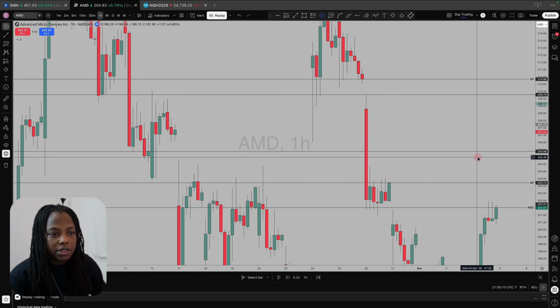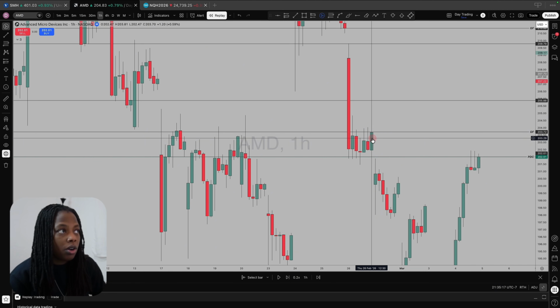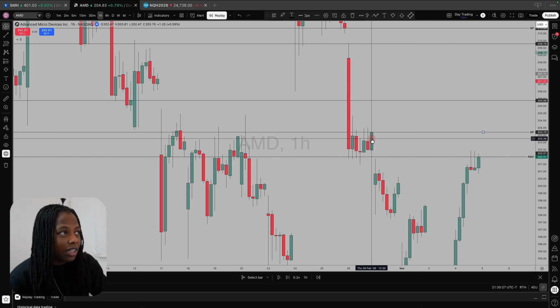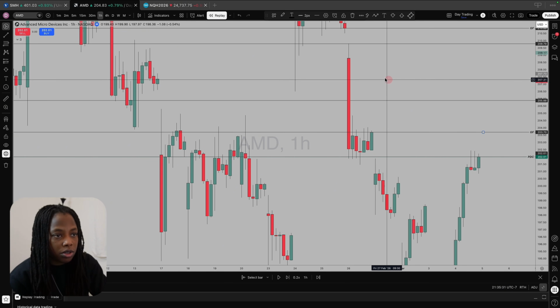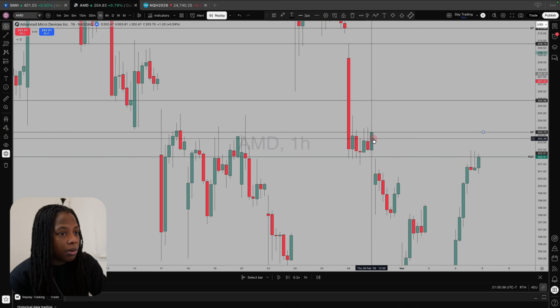Something I like doing is to mark exactly the gap fill levels on the chart. So for example, here you just want to go to the closing price and mark it. Once you select the candle in TradingView, it will show you where the candle closed. So for example, this green candle from the past closed at 203.70.